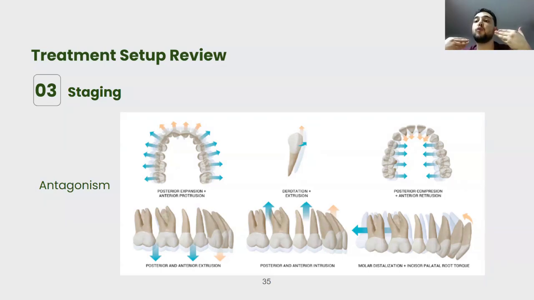And this is why when we're distalizing teeth, we use something called the 50% protocol, which is, if I'm distalizing the last molars, I don't move the tooth after them until the first tooth that I started moving reaches halfway to the final position. Once it reaches halfway, I can start moving the next tooth.